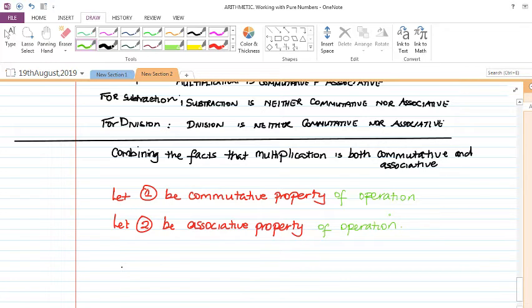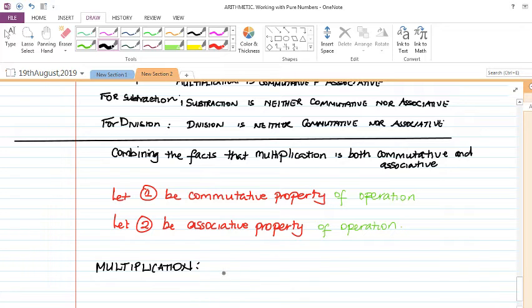So we let number 1 be the commutative property of the operation. So let's look at multiplication quickly. We're going to have multiplication, as we said.